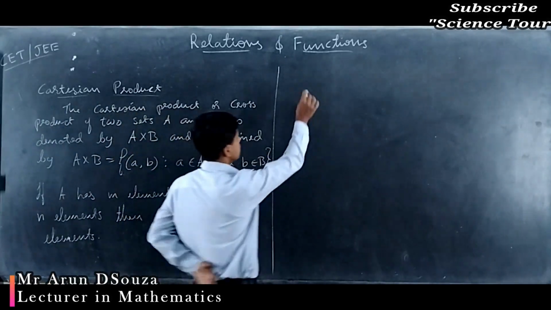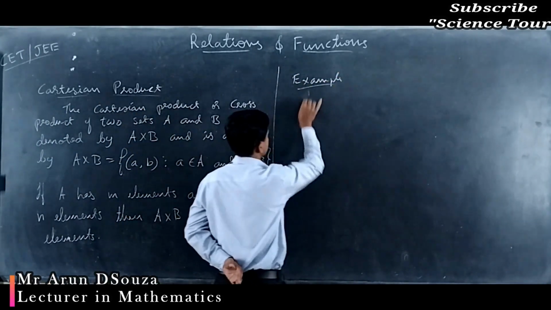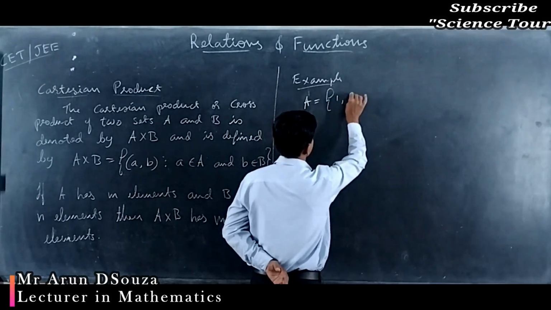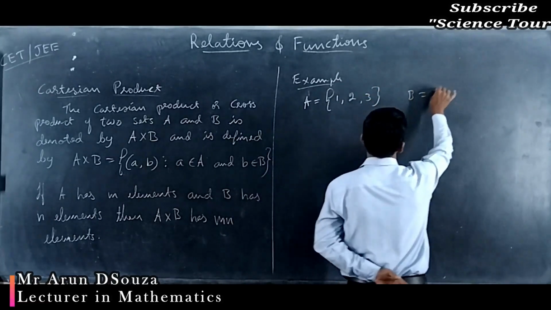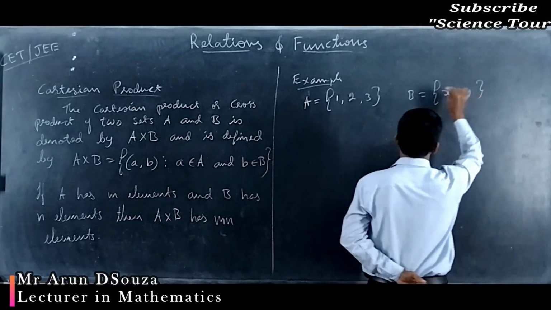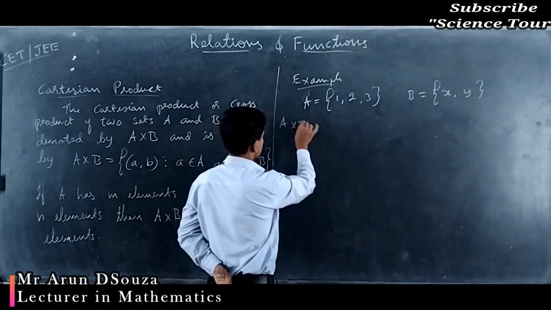Let us take an example. You have the set A = {1, 2, 3}, and the set B is {x, y}. Then how do you write A cross B?